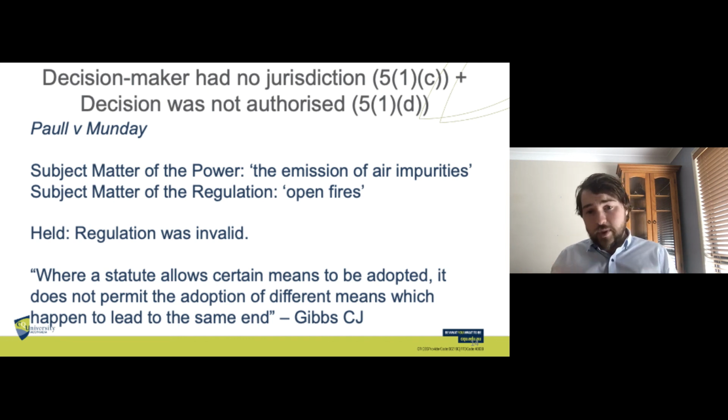So, of course, regulating open fires would have addressed the emission of air impurities, but because they weren't exactly the same thing, the regulation was not authorized, and therefore the decision maker had no authority to make that regulation.